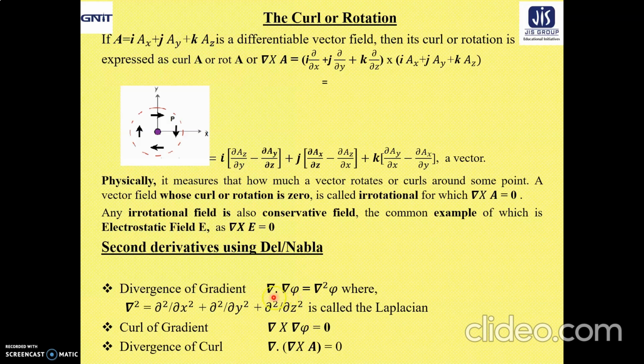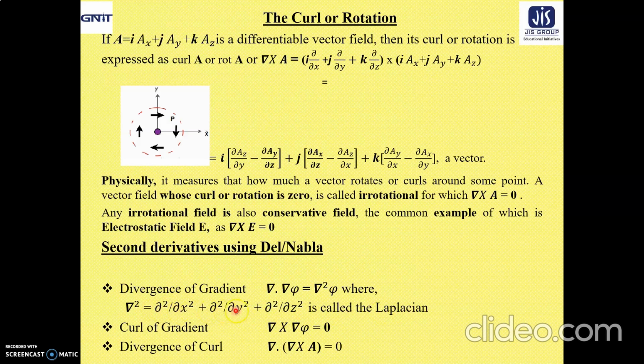We know that i dot i, j dot j and k dot k will come into consideration. Accordingly, we will get del square phi, that means del del x of del phi del x plus del del y of del phi del y plus del del z of del phi del z. That will give us del square phi, where obviously del square will be del 2 del x2 plus del 2 del y2 plus del 2 del z2, the so-called Laplacian operator.